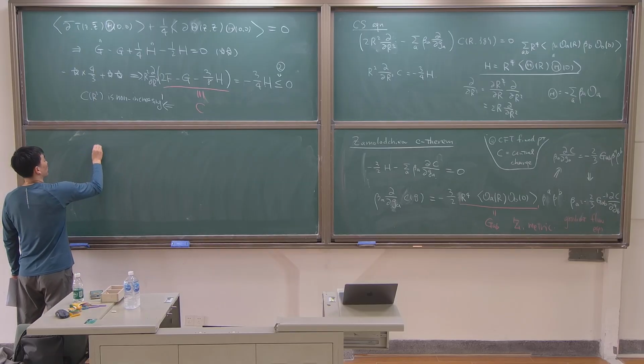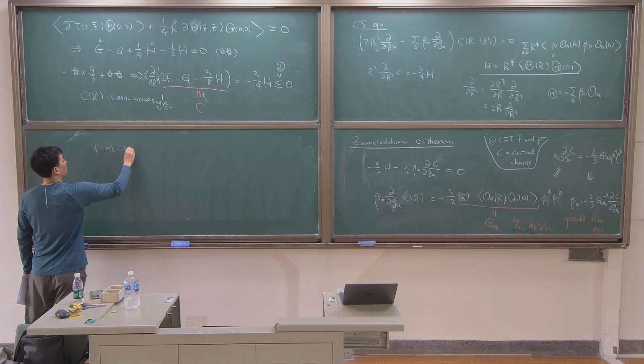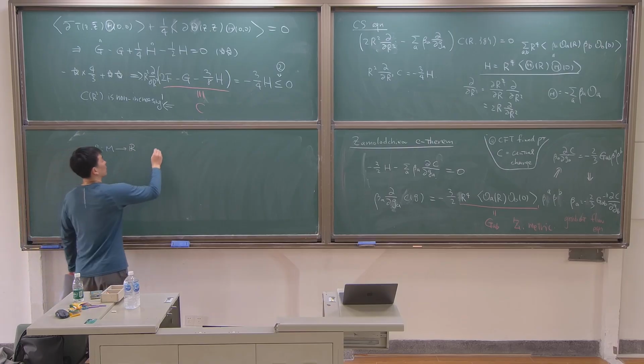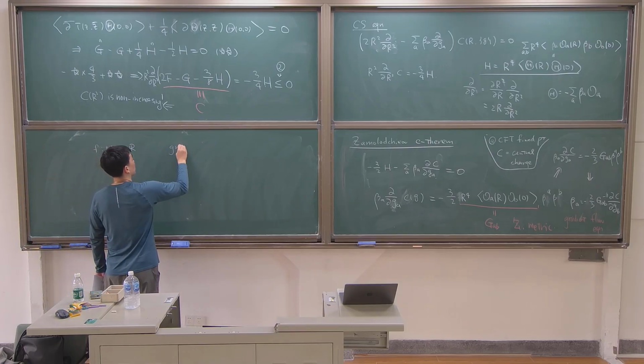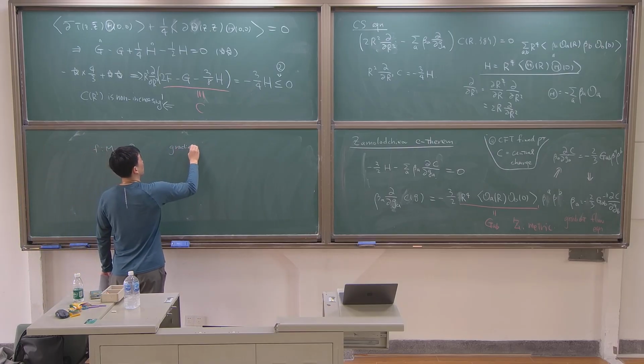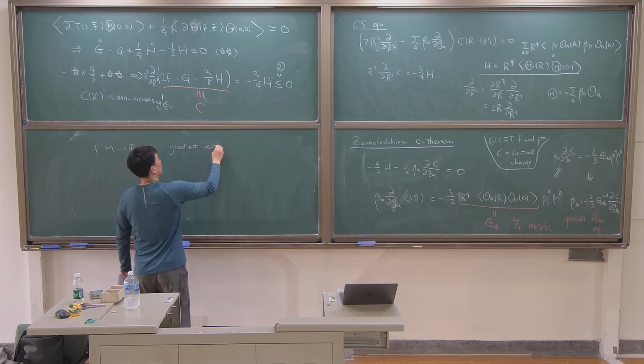Given a function f from a manifold to R, one can always find the gradient vector field.